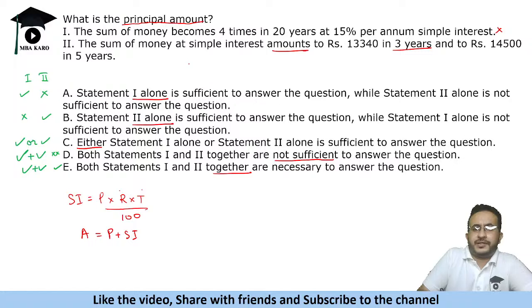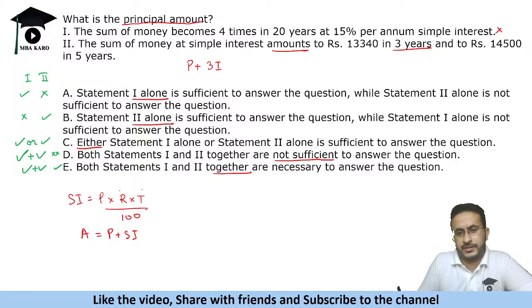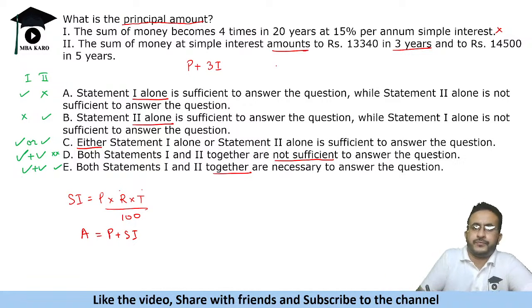So amount after 3 years means principal plus 3 years of interest, isn't it? Simple interest is constant every year. So principal plus 3 years of interest is given. Then we have principal plus 5 years of interest that is given to us, which is 13,340 and this is 14,500.